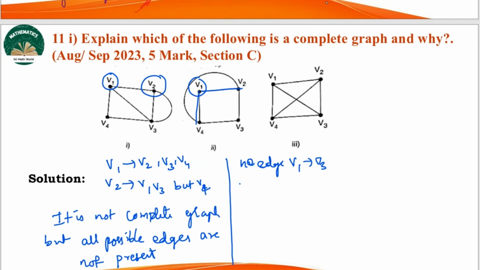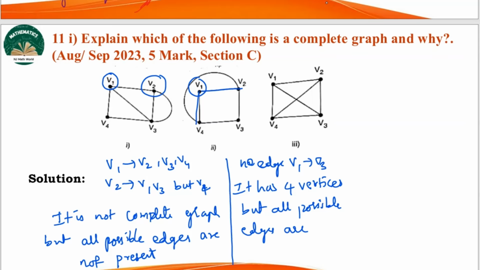Therefore it has four vertices, but all possible edges are not present in graph 2. So it is not a complete graph.